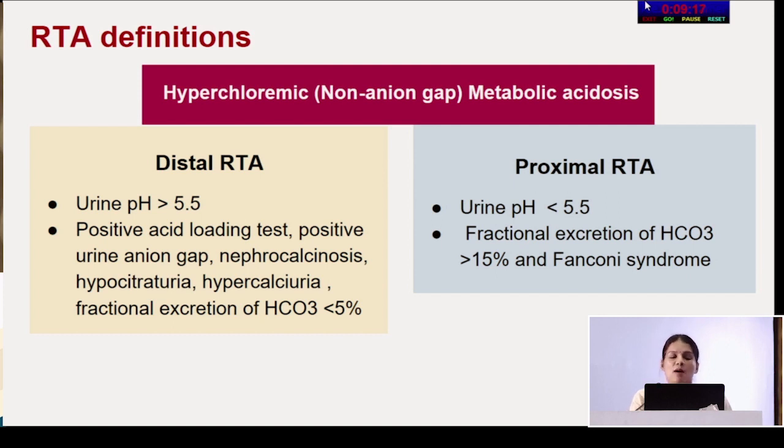For example, a positive acid loading test, positive urine anion gap, presence of nephrocalcinosis, hypocitraturia, hypercalciuria, and fractional excretion of bicarbonate less than 5% supports the diagnosis of distal RTA. Proximal RTA is supported by fractional excretion of bicarbonate more than 15% and presence of Fanconi syndrome.